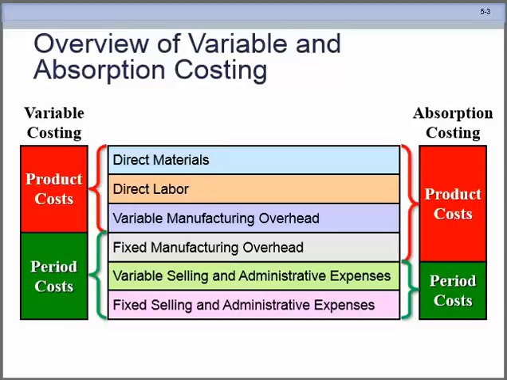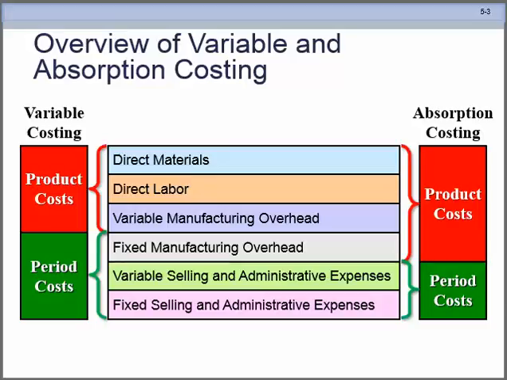However, remember that labor is commonly a fixed cost in some companies, and under variable costing, direct labor would not be included in product costs when it is a fixed cost. We'll talk about this a little bit later when we discuss a concept called theory of constraints at the end of the chapter.